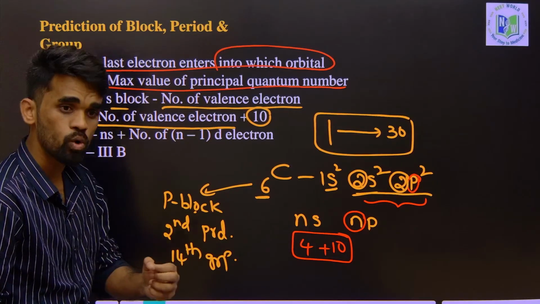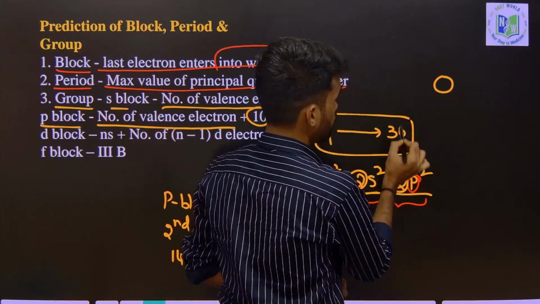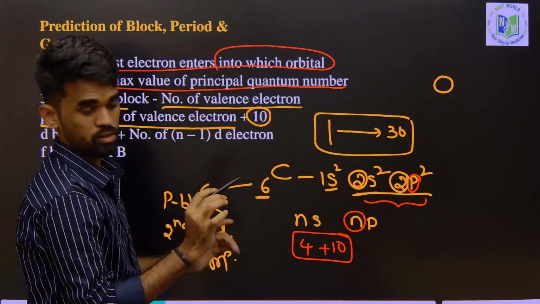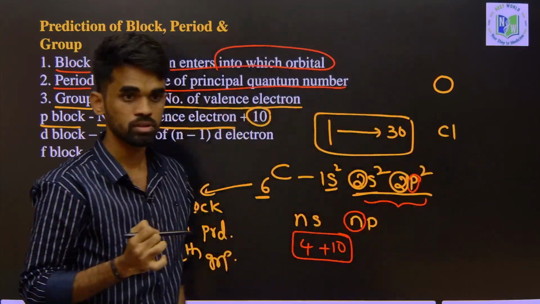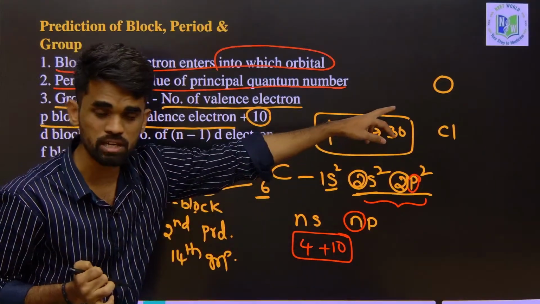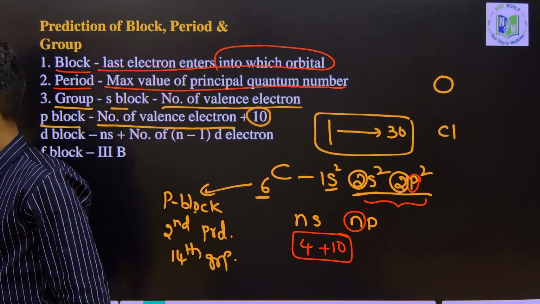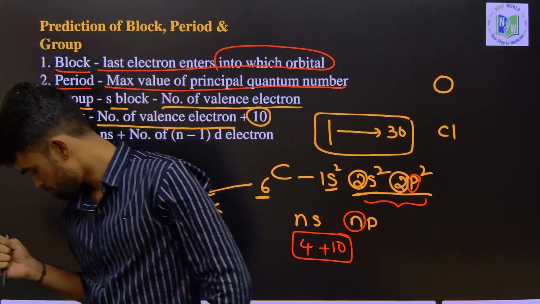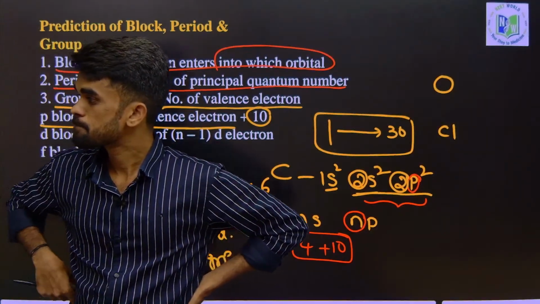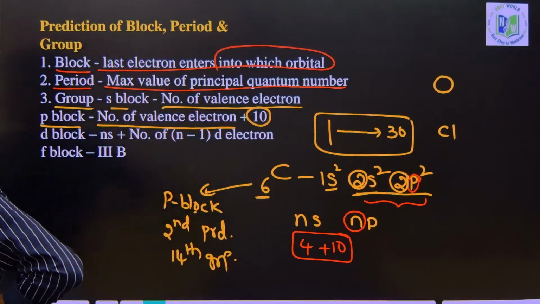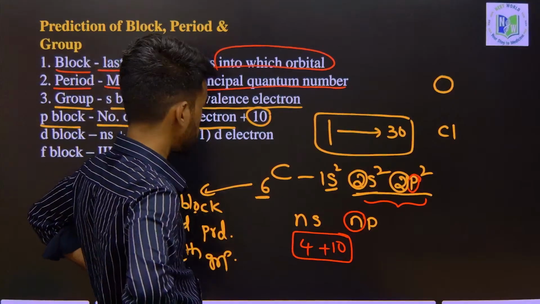Okay, now as homework, a small question you can take. Tell me for oxygen, which group, which block, which period? For oxygen and also for chlorine. Will you try for oxygen now itself? Yes, try it fast.